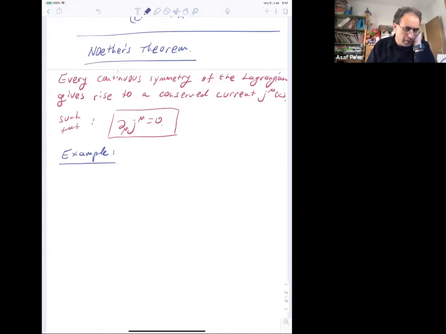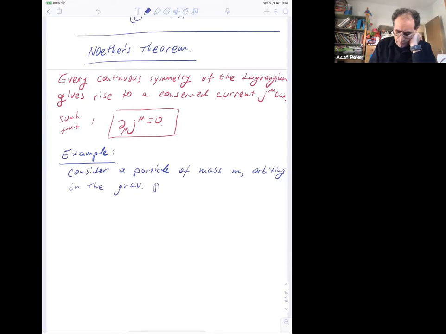Let's have a particle of mass m, which is orbiting in the gravitational potential of a fixed body of mass capital M. So consider a particle of mass m orbiting in the gravitational potential of a fixed body, like a satellite orbiting Earth.